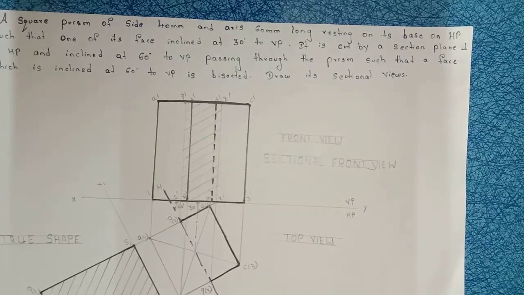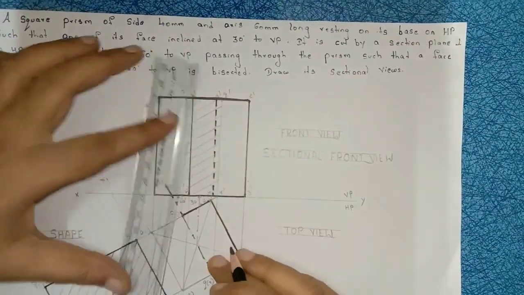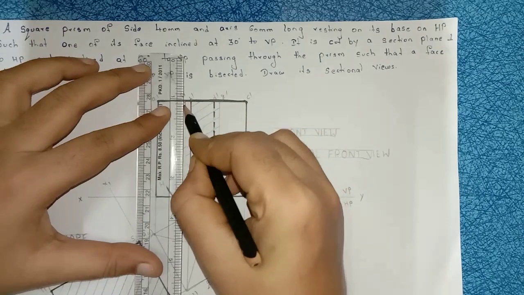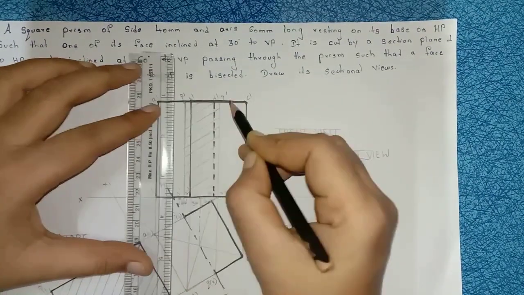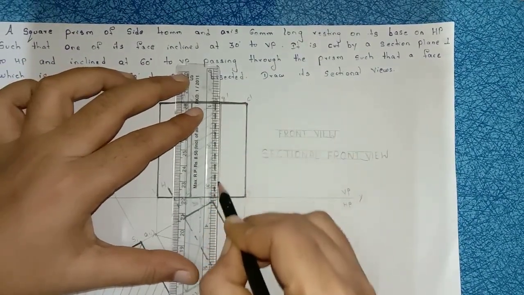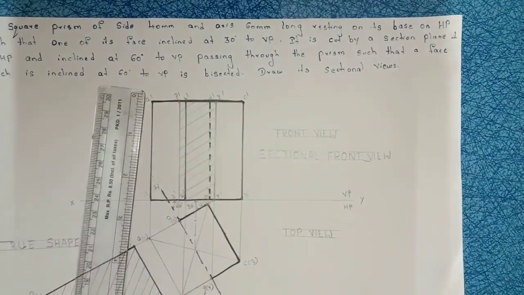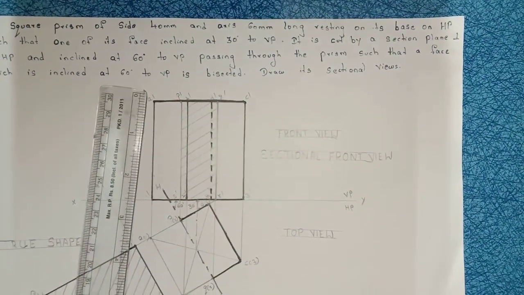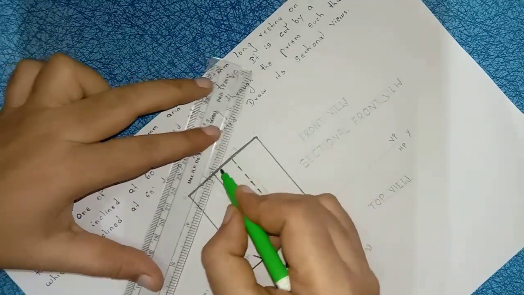Right, now this is your sectional front view. P dash Q dash R dash S dash is your sectional front view. We are representing this sectional front view with hatching lines.